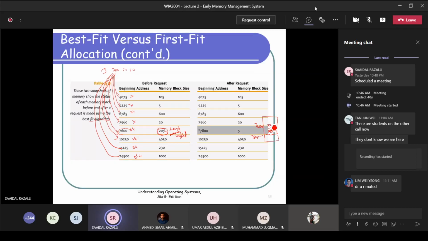This one uses 200 and 5 kilobytes of unused memory space is left. So this is the best fit algorithm.